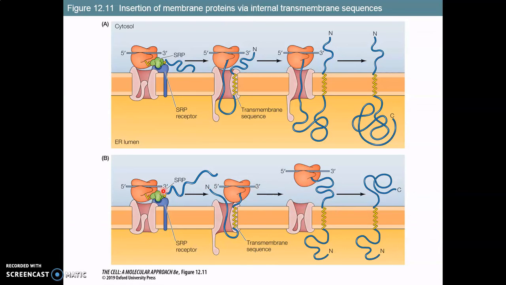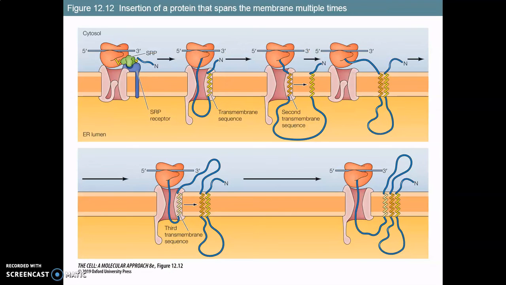But here, the SRP is really directing the directionality of it, the SRP in conjunction with those positive residues on the protein itself. Here we have an example of a multi-spanning protein.